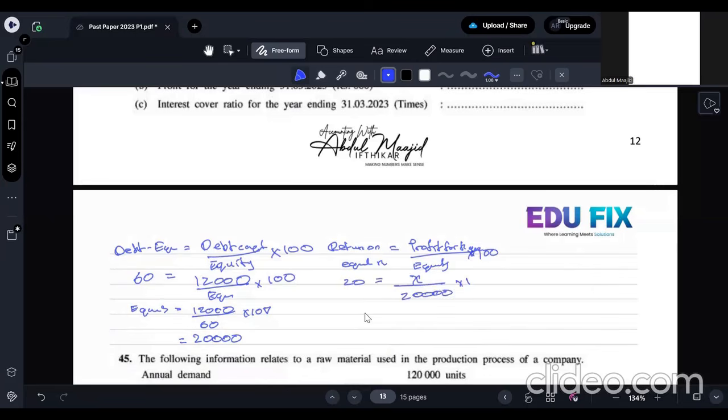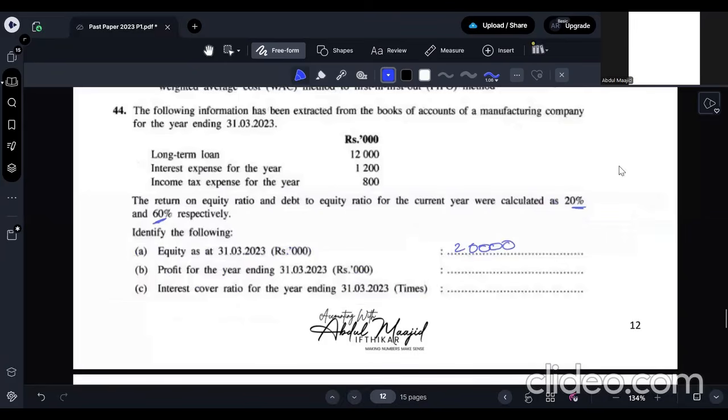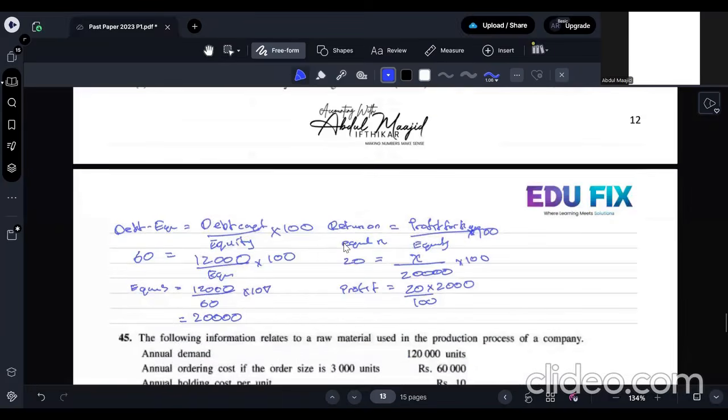Then the profit will be 20 into 20,000 over 100. So simply the profit will be 20% of the equity, right? Return on equity is 20% means your profit is 20% of your equity. So 20 over 100 into equity 20,000, that will give you 4,000.